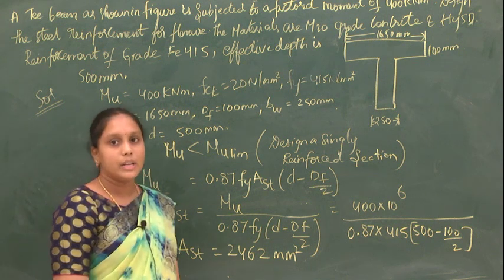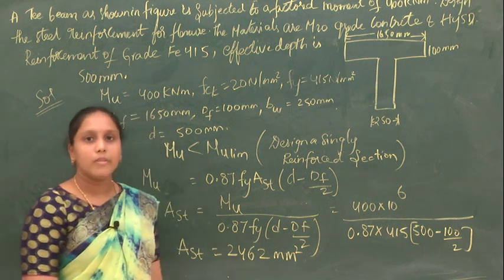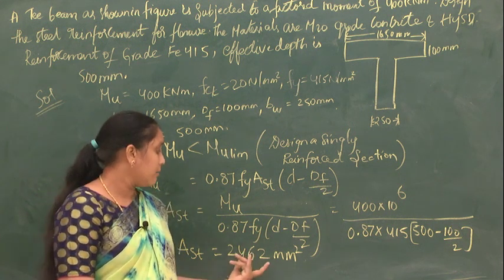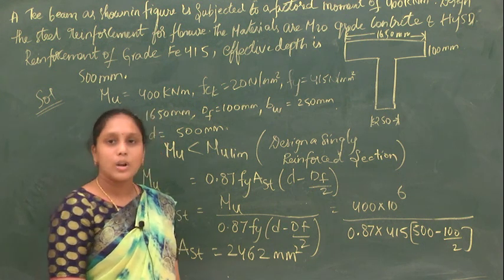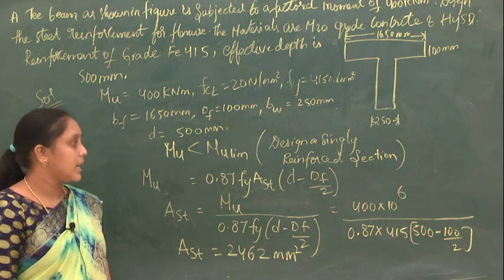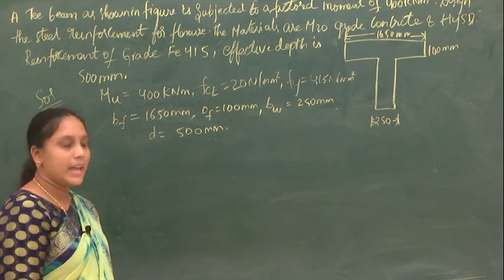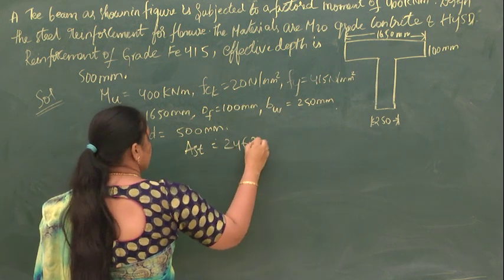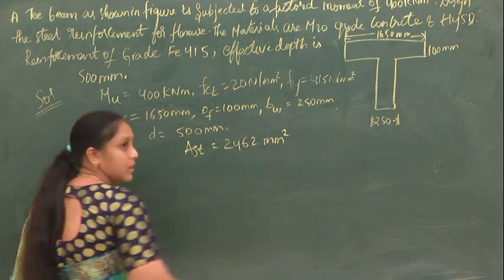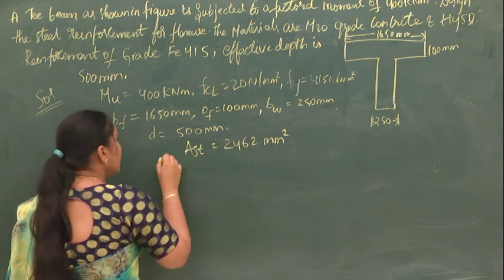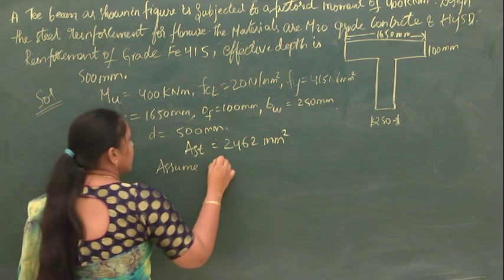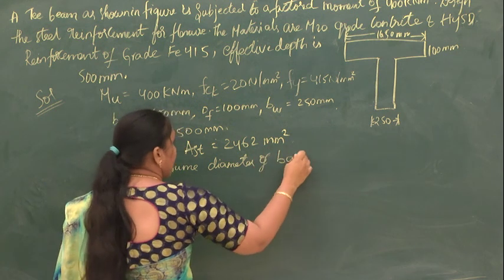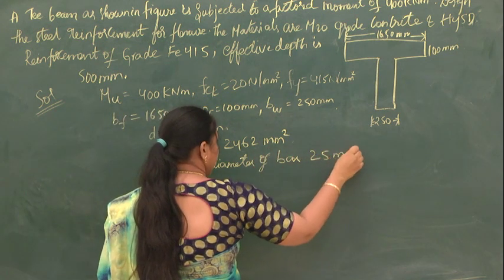So this is the area of steel you have to provide for carrying this particular moment of 400 kilonewton meter. Now we have to calculate the number of bars and the diameter of bars required for this area of steel. AST is 2462 mm square. I am assuming the diameter of bar as 25 mm.